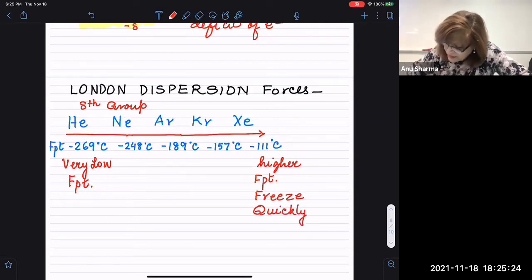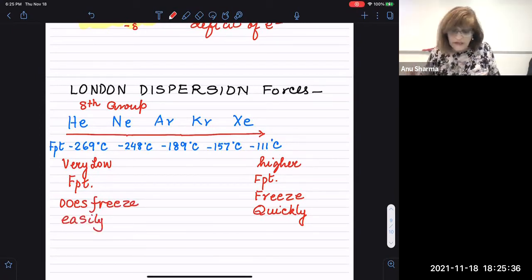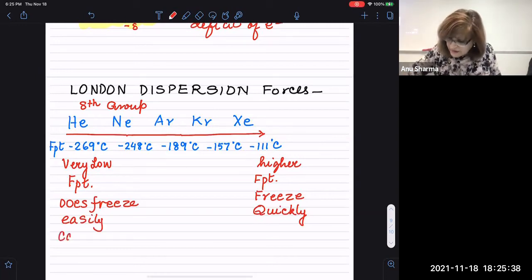Helium does not freeze easily in ordinary conditions. In fact, it cannot be frozen at 1 atm.